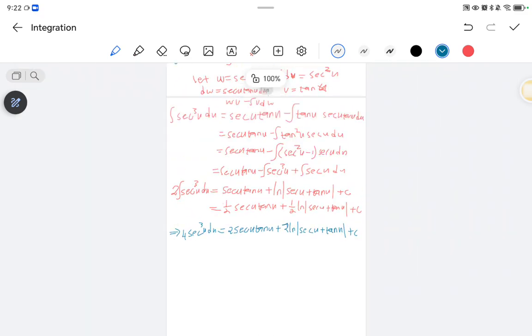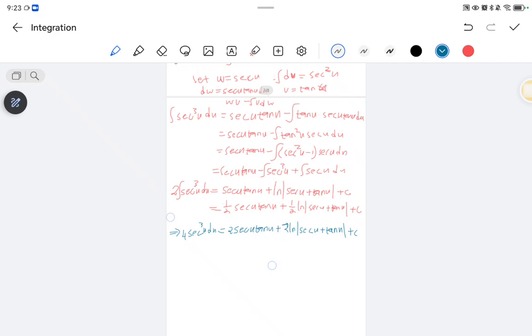You see, right? So now we know how to integrate sec to the third u. So now we can continue to apply this here because we know what function we got.